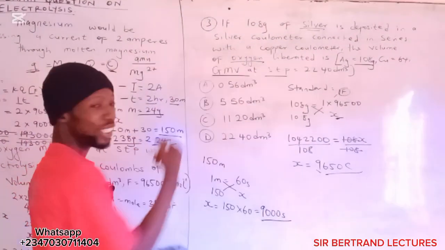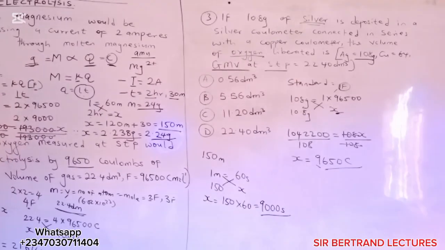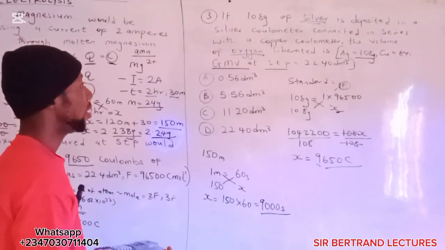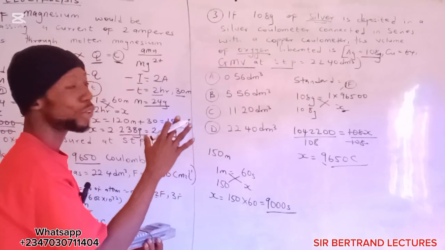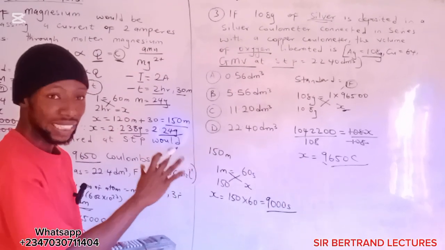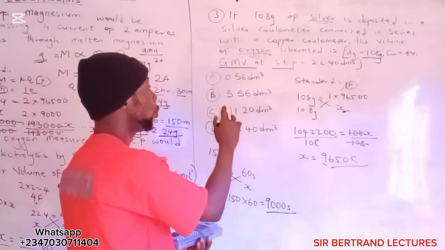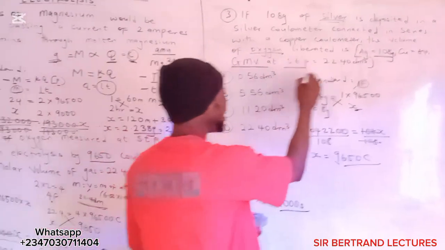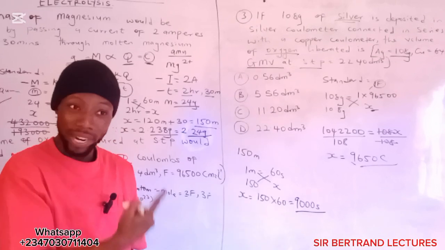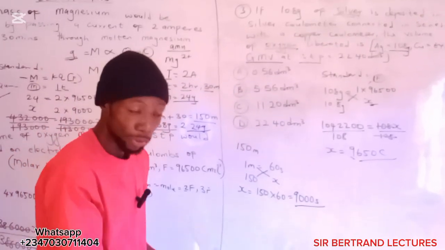Oxygen, I told you, is diatomic, right? But here in the question, we are not solving with mass, so we are not going to relate the diatomic aspect of it since we are working with volume. As standard, 1 mole of oxygen occupies 22.4 dm cube of volume, right?